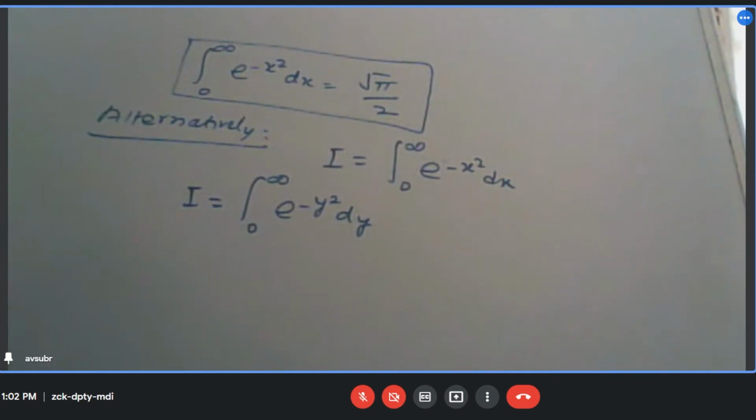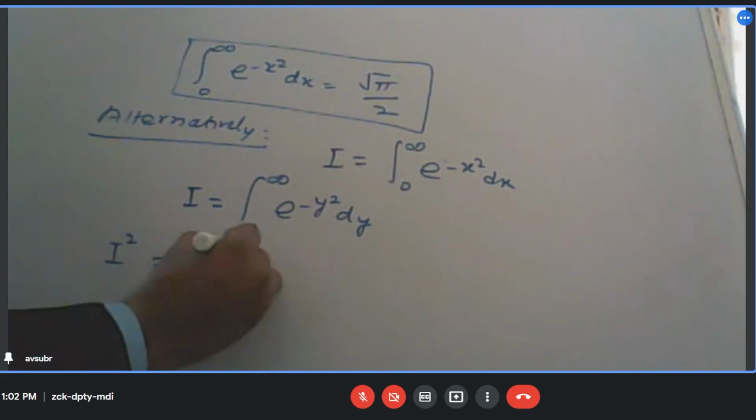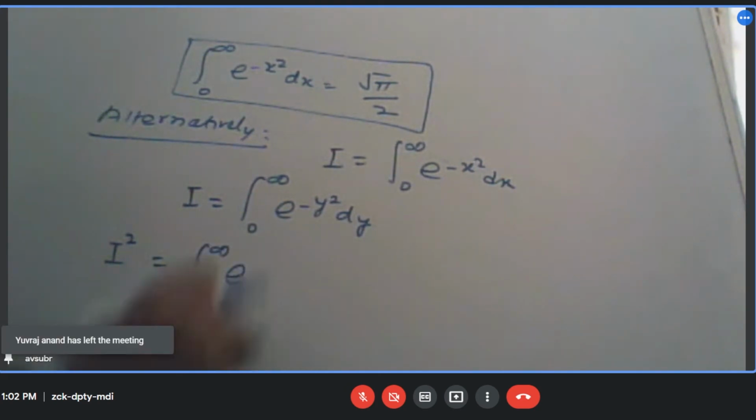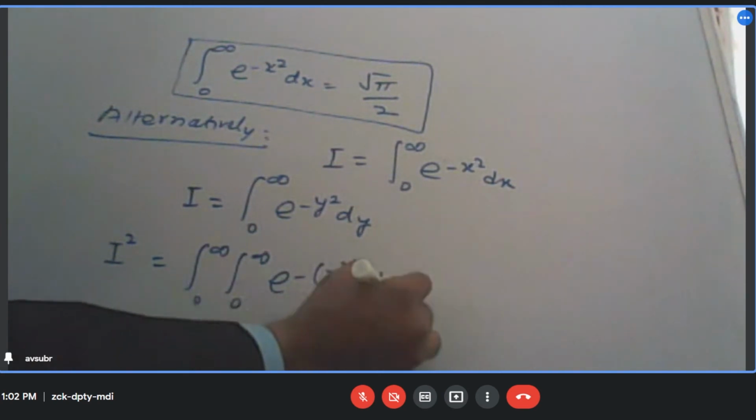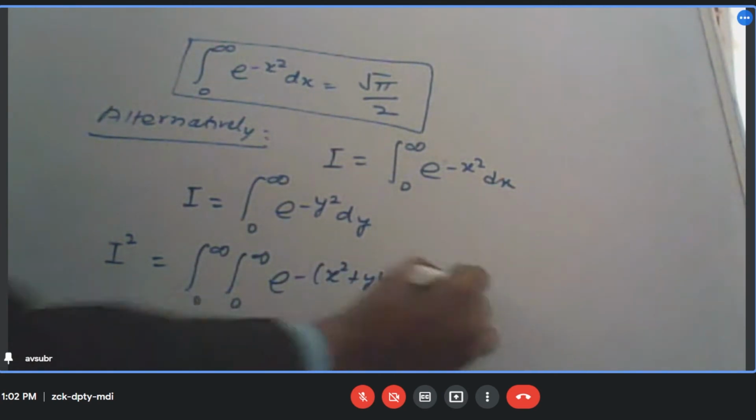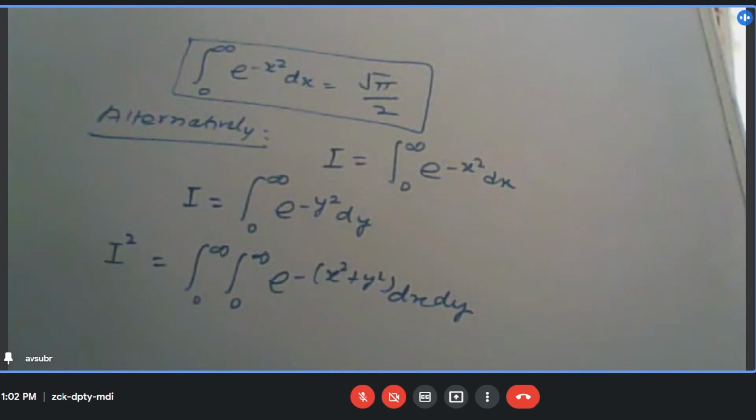So I multiply these two. What I get is I square equals the double integral, 0 to infinity once again, of e to the power minus x square plus y square dx dy. Is it okay?